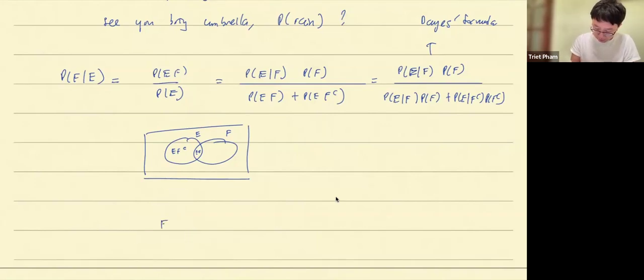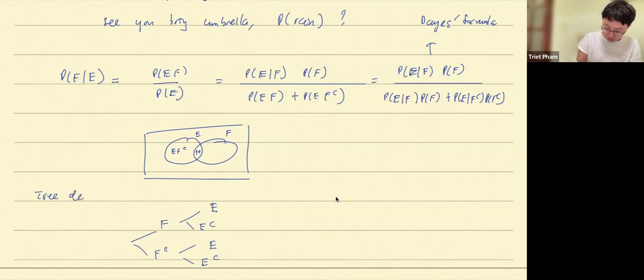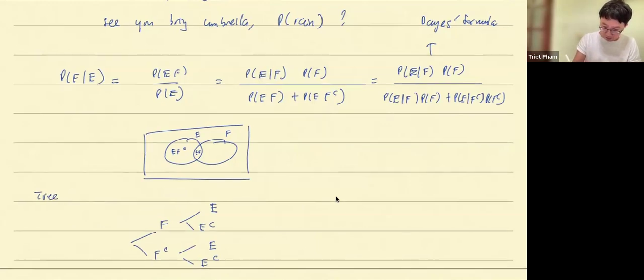So here's F, and then E, and then F complement, and then E. So this is the tree, the demonstration or illustration, of Bayes formula.